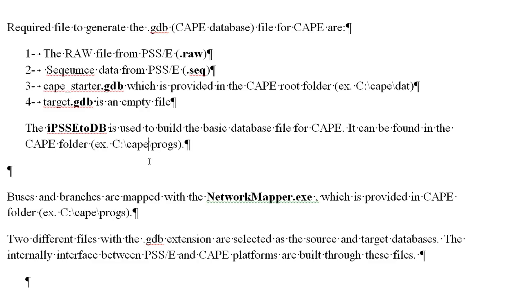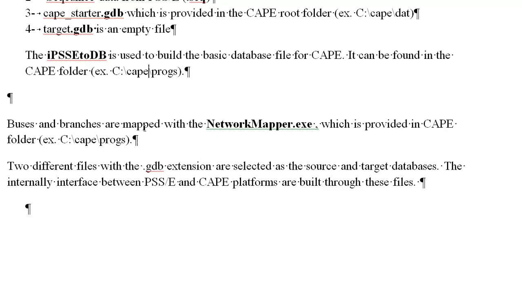The next step is to map the branches and buses of your network from PSSE to CAPE. For this purpose, there is a program in the CAPE folder named network mapper.exe that you can find in the progs folder of the CAPE.